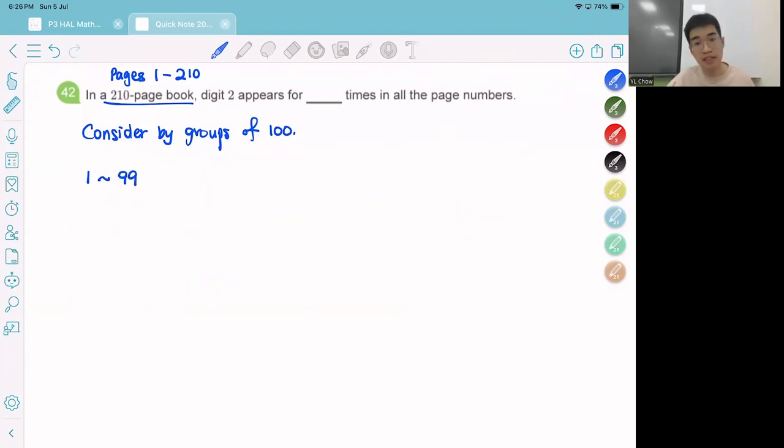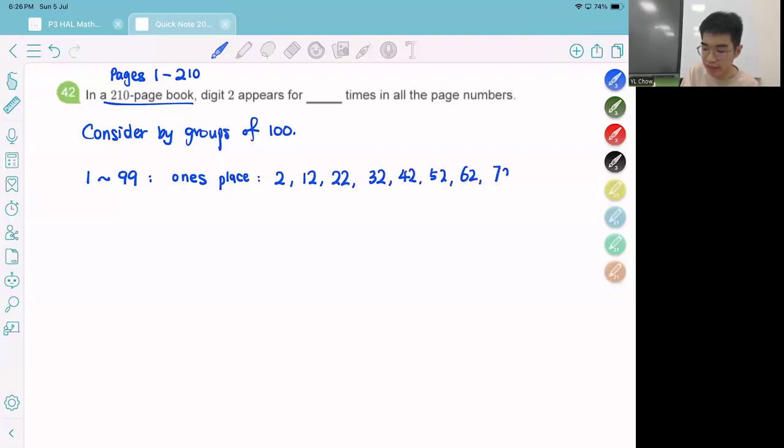Now, since the hundredth digit is 0, 2 could possibly appear only in the ones place and the tens place. So let's consider each case. For the ones place, how many times does the digit 2 appear? In the ones place, digit 2 could appear in the following numbers: 2, 12, 22, 32, 42, 52, 62, 72, 82, 92.